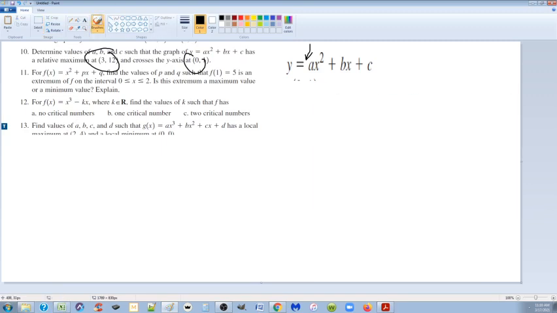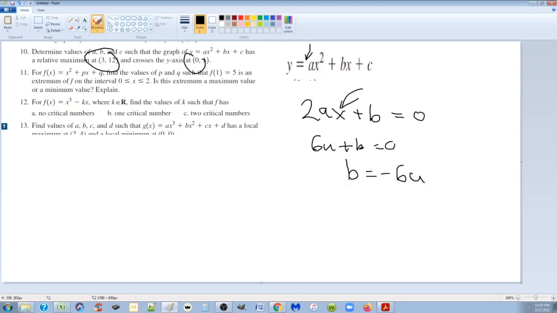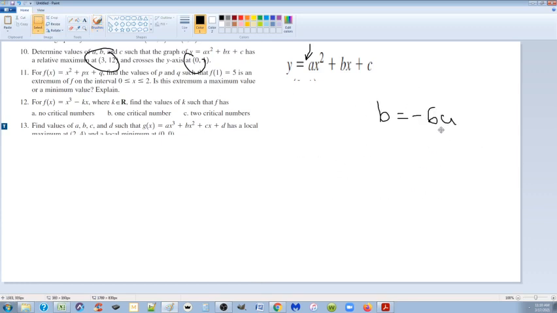So, this is a max, which means when x, the derivative of this, let's take the derivative of this, is equal to 0, we know that the x value here is 3. So right away we get 6a plus b is equal to 0, and we have a formula for b. b is equal to minus 6a. So that's the first bit of information. The second bit of information they give you is that when x is 0, y is 1.